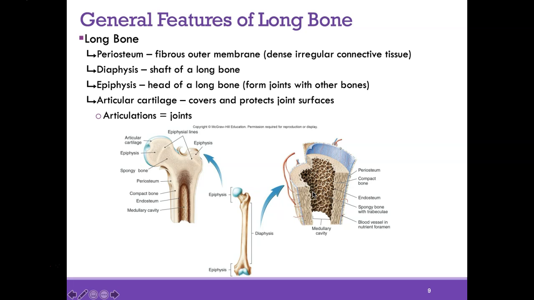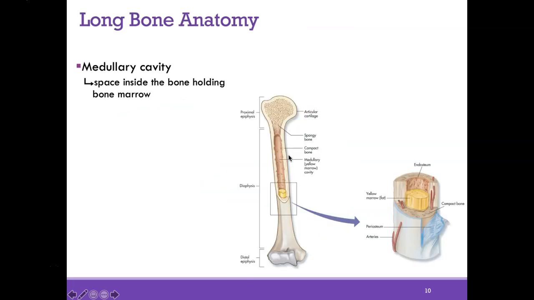Within the long bone, we have a space called the medullary cavity. And in the medullary cavity is where we see bone marrow. Specifically, we find yellow bone marrow inside the medullary cavity. We'll talk a little bit more about that. The endosteum is an inner membrane lining the medullary cavity. Endo means inside, right?